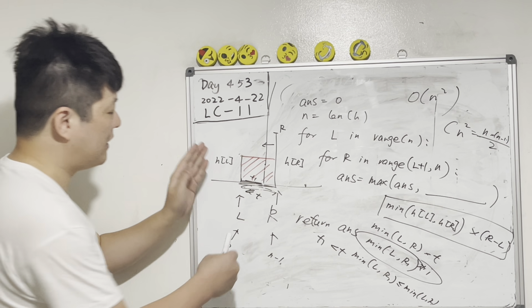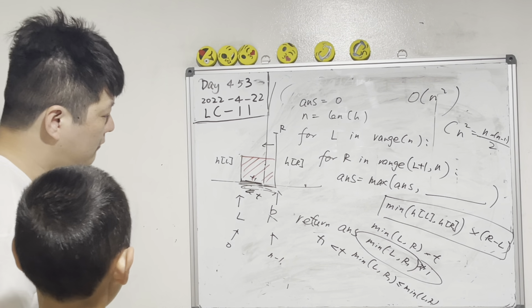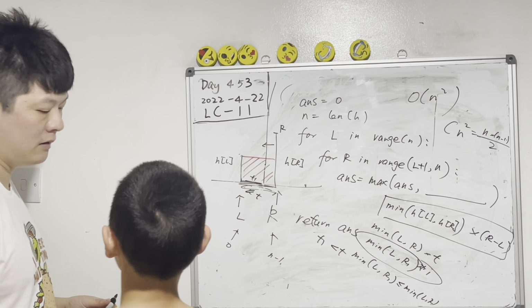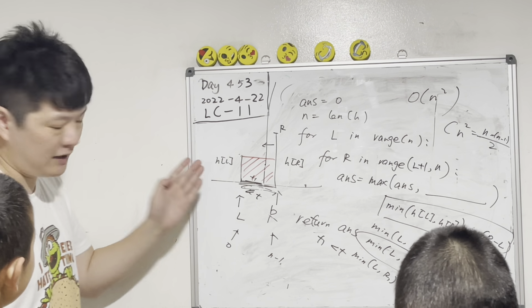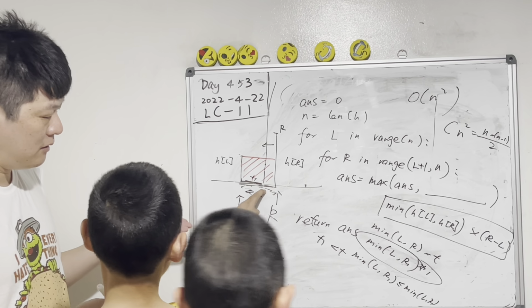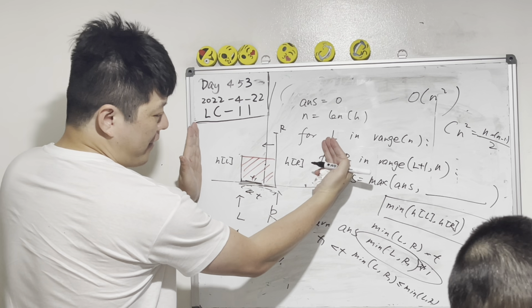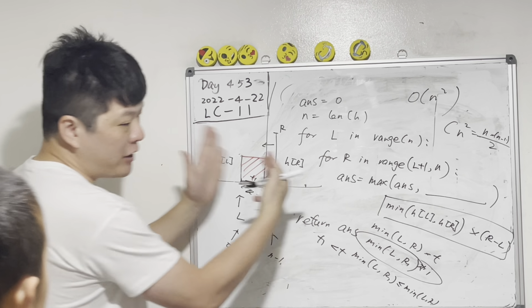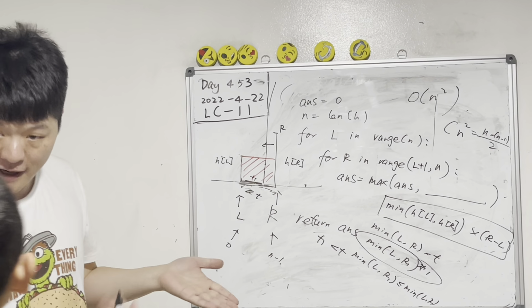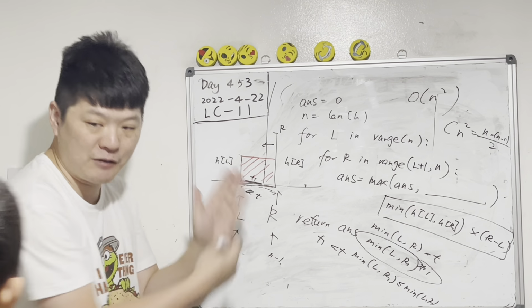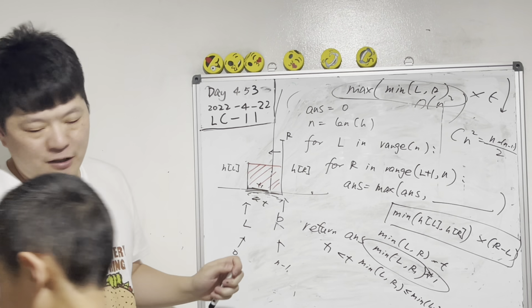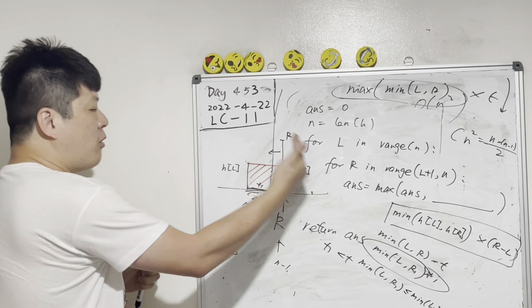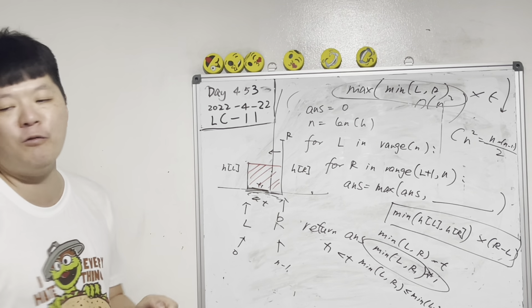They will get squeezed anyway, right? At the beginning, they are on the left and on the right, and they are moving towards each other. What did I say? If I move the longer one towards the shorter one, we don't find any better choice.